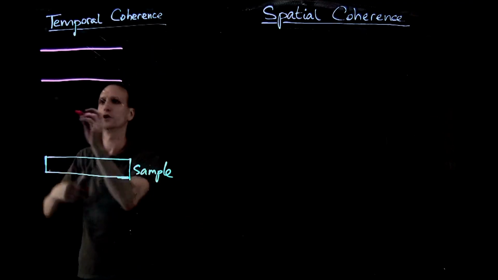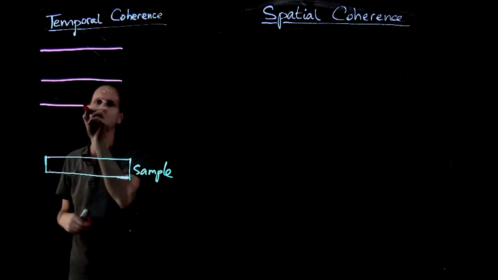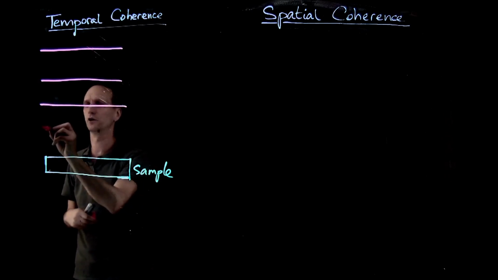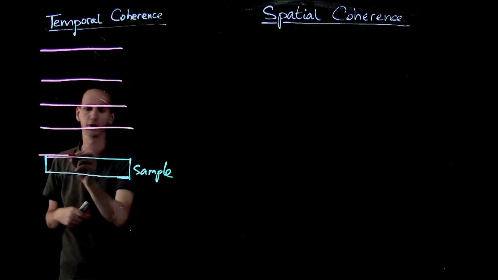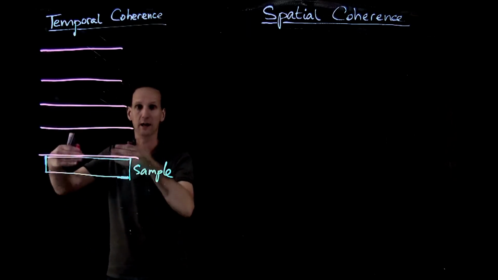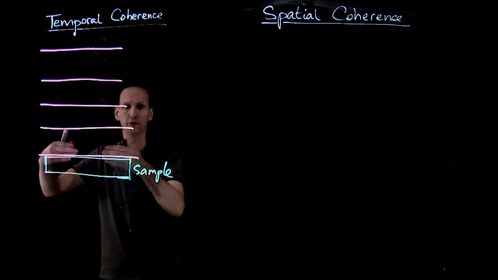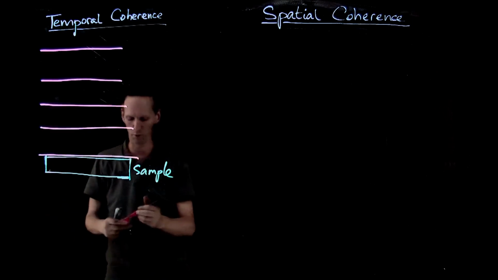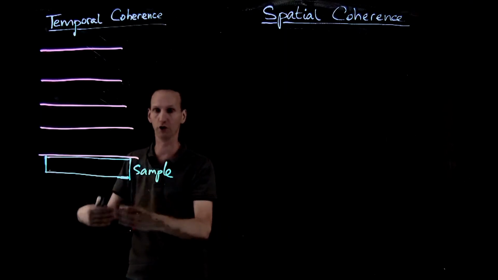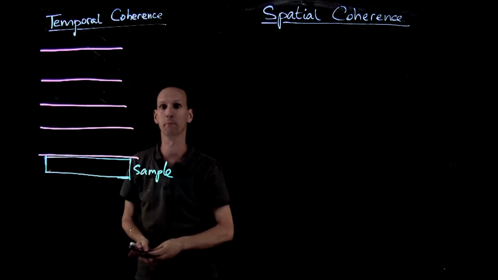So we have this wave front traveling perpendicular to the direction of propagation, and at some point this plane wave hits the sample, and the sample will induce local phase variations in this wave, which then later in phase contrast imaging we project and convert to intensity contrast on our camera.